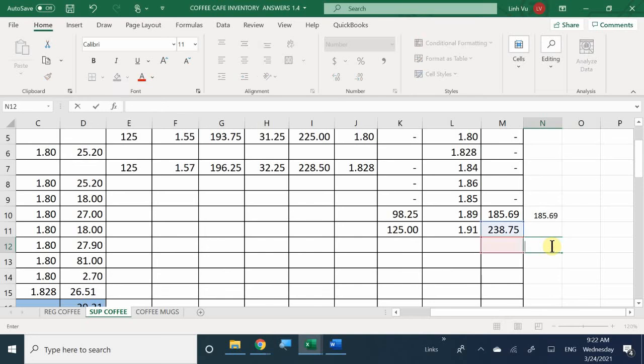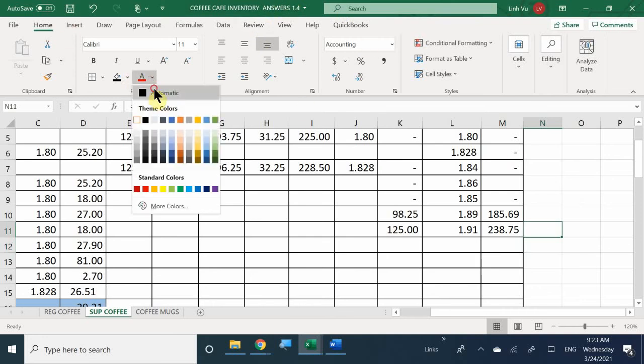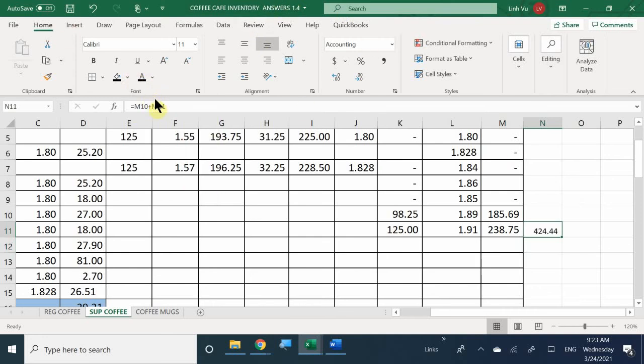Because here, I'm going to add these two numbers together to get my grand total. Boom.